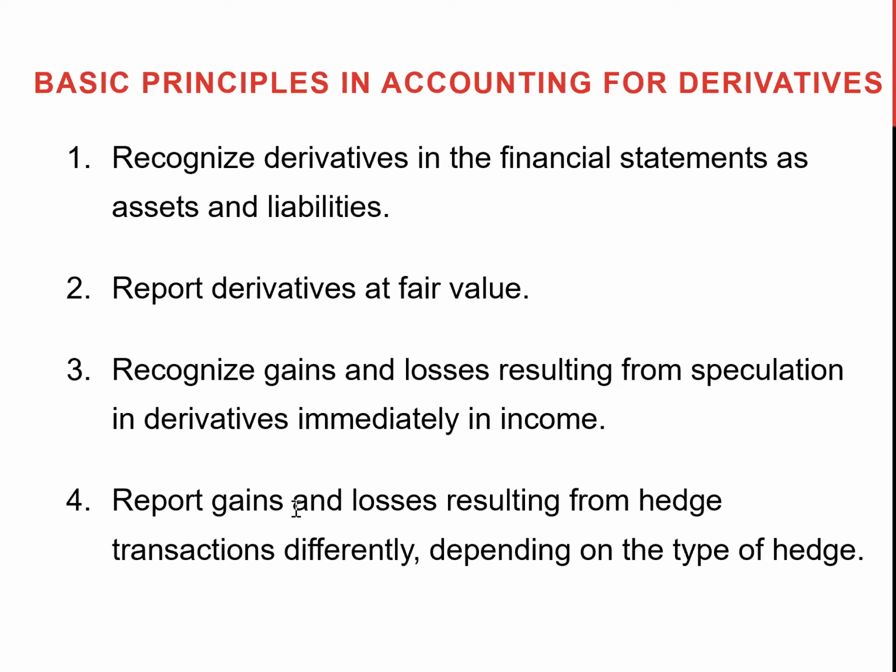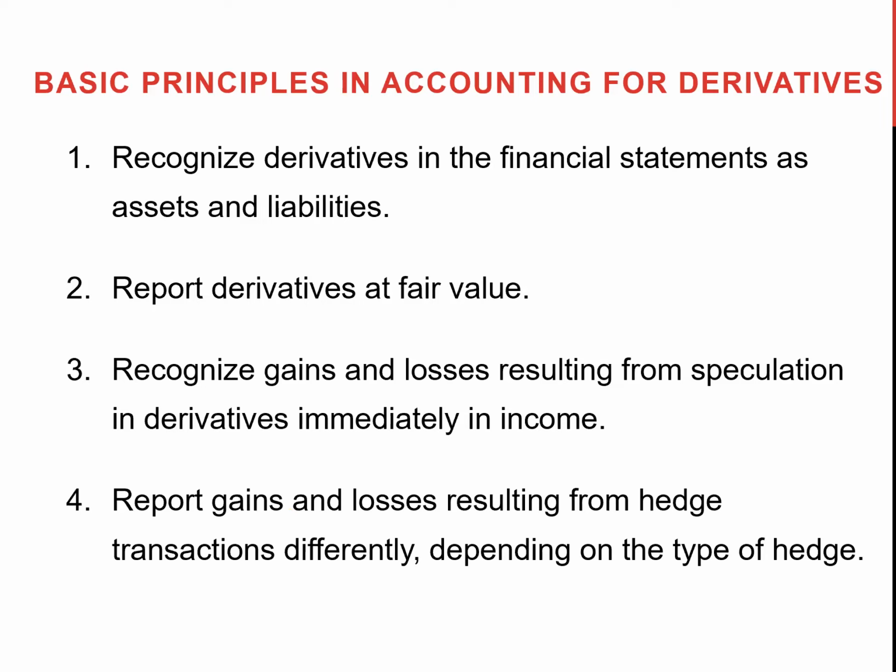So there are two types of hedging. One is called cash flow hedging, another is called fair value hedging. If it's a fair value hedge, that gain or loss you will show in your income statement. On the other hand, if it's a cash flow hedge, you have to show that cash flow hedge gain or losses directly under the stockholders equity part.